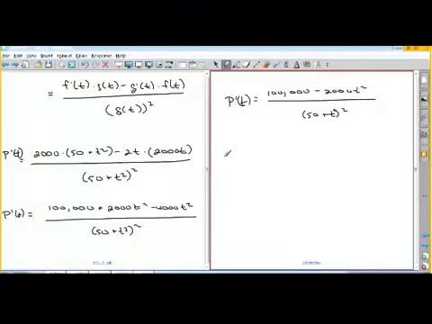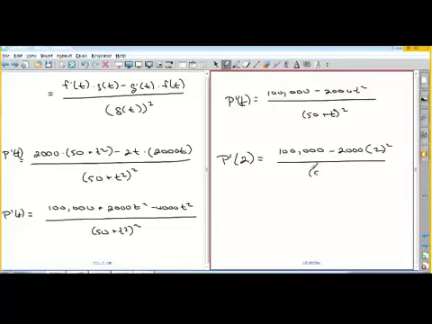And it says find the rate at which the population is growing when t equals 2. So all we do is plug in 2 for t. We'll get 100,000 minus 2,000 times t squared, all divided by 50 plus 2 squared quantity squared.